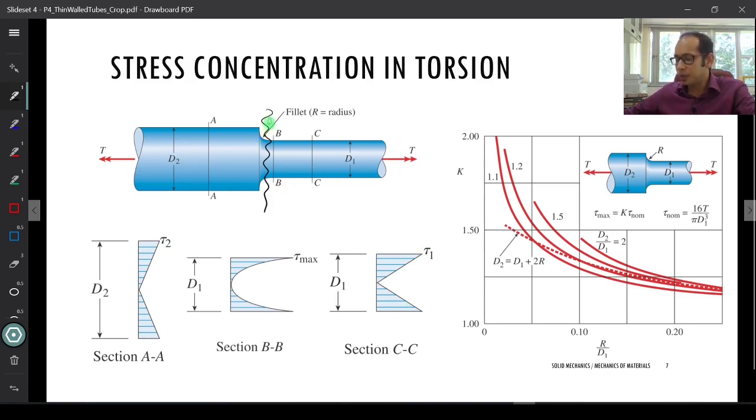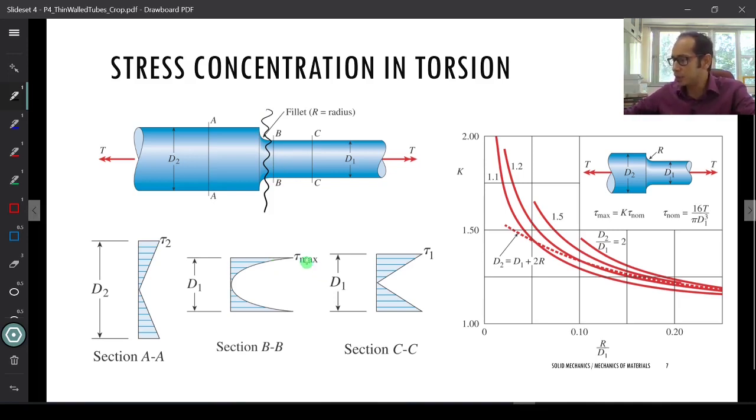But if you're looking somewhere in between where the transition of the stresses happens, you will see that at the center it is 0, that is fine, but at the ends over here where you are neither at d2 nor at d1, but you are transitioning, you will have this peaking of the stresses because of the sudden discontinuities that you have over here.